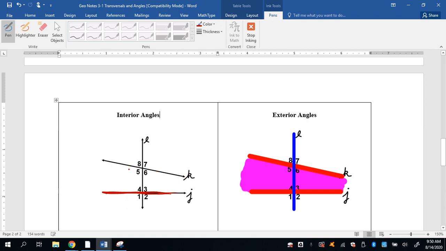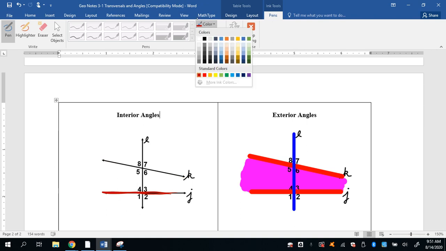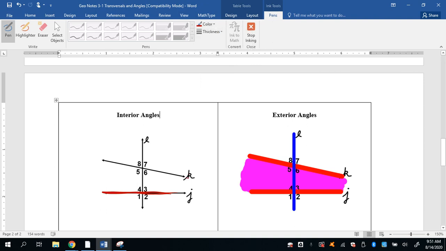Now I can't lightly shade with this pen marking, so what I will do instead is use a highlighter to do that. Most of you can just lightly shade, but I'm just going to use a highlighter in between. And then if you have a blue color, go ahead and use that.